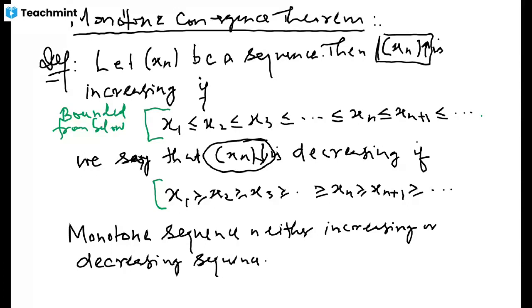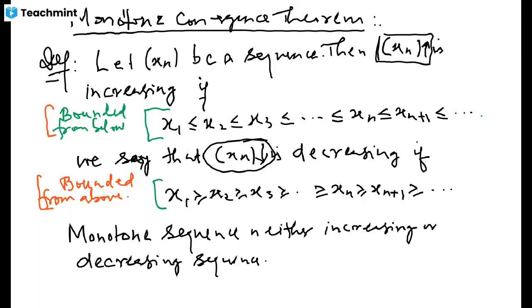Therefore this decreasing sequence is bounded from above. So one-sided boundedness is always there in monotone sequences. In case of increasing, it is boundedness from below, and in case of decreasing, it is boundedness from above.